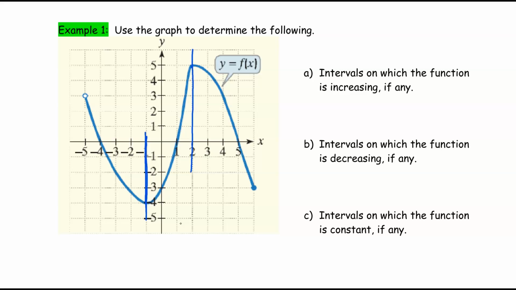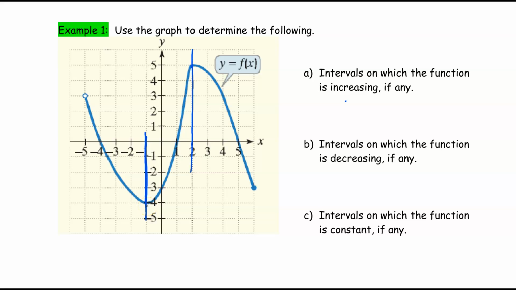Those are the points. We will identify what type of points these are. These are actually a minimum and a maximum point. So we know that from this point up to this point, that would be our marker. The graph is rising. So in other words, the graph is increasing in this interval.